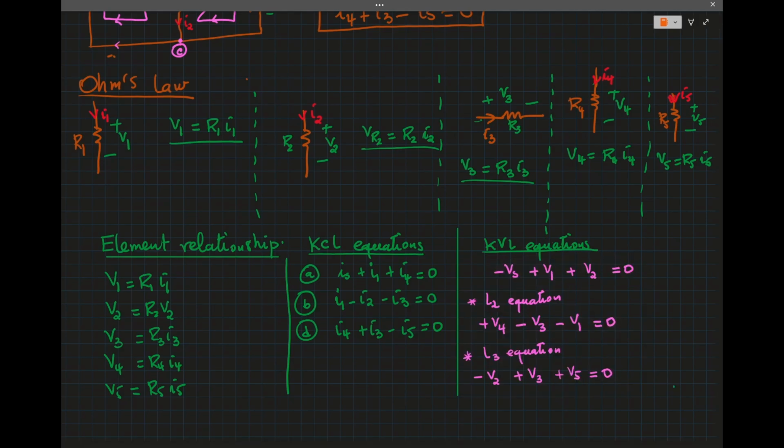Okay, so those are our KVL equations. Now we kind of put all this together.